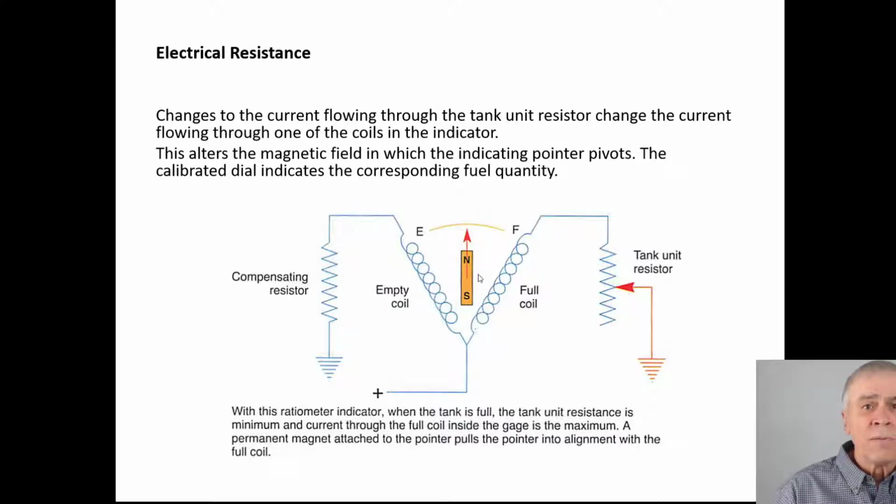Here's a closer look at the ratiometer circuit. There's the variable resistor on one side and a compensating resistor on the other side. Running power through that from the plus through to both of the grounds, you're going to get a stronger signal depending on what resistance is in the respective branches.